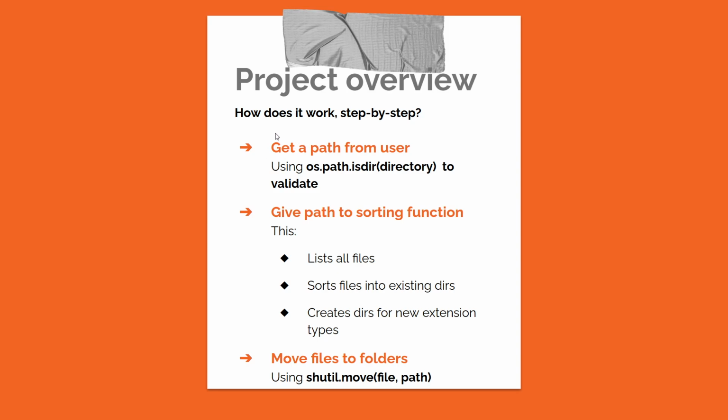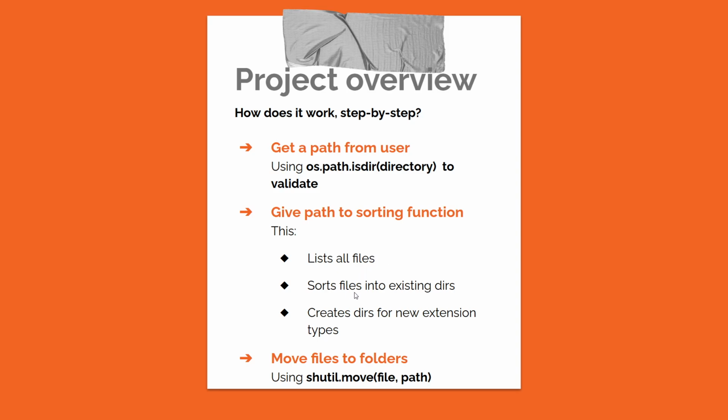So essentially what we do in the console is we use Python's input method to ask for a path, which we just call the directory, and we validate that as a directory using os.path.isdir, and then once we've validated that, we want to list all of the files in that directory.